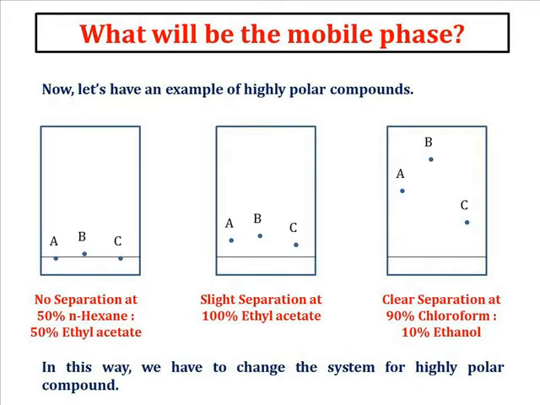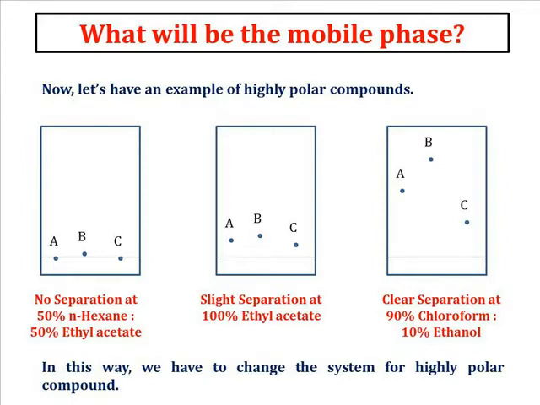Now sometimes there are highly polar compounds, so there you go on increasing the polarity of the solvent. A stage will come when on 100% ethyl acetate you are still not getting a good separation. In this case you have to use a chloroform-ethanol system.